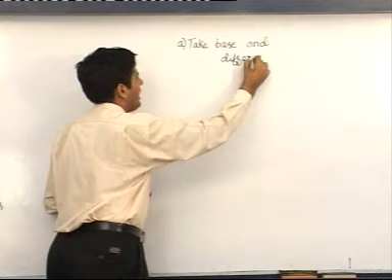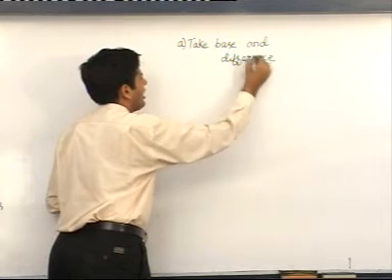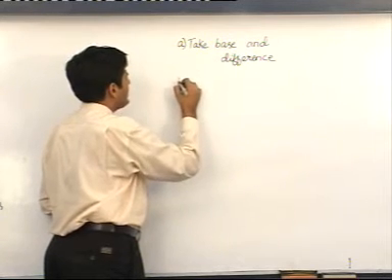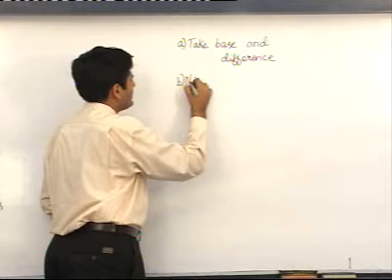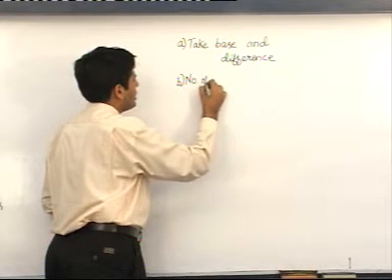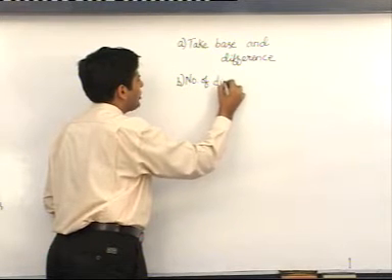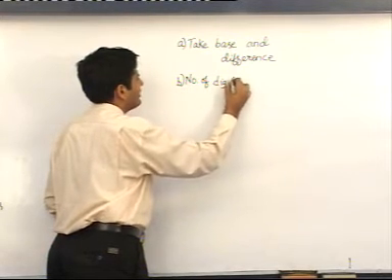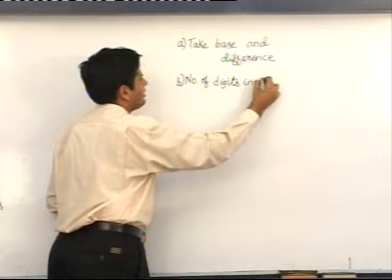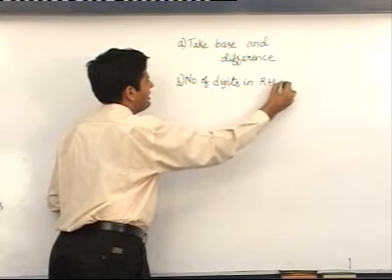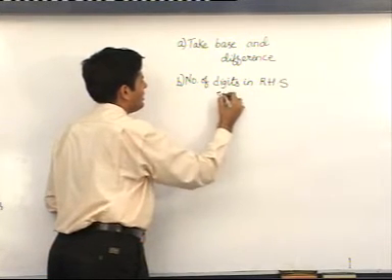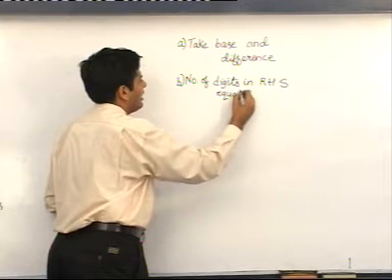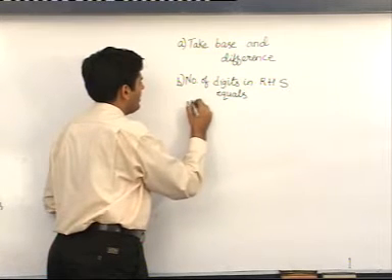This is your step A. Step B says number of digits in right hand side equal to number of zeros in the base.